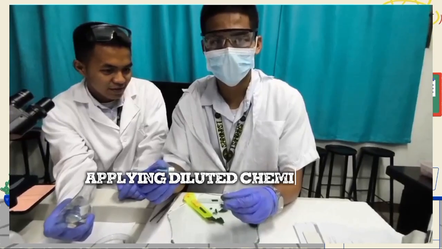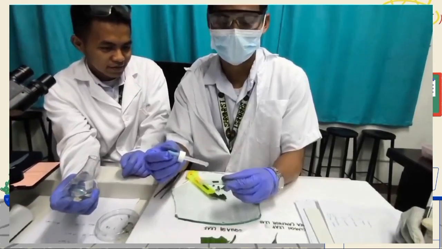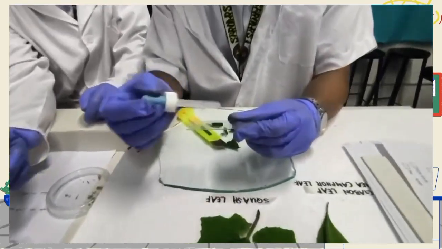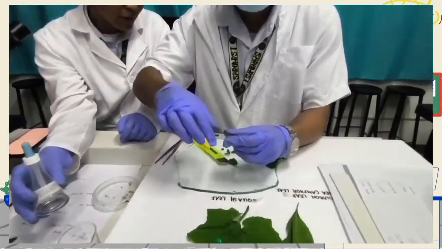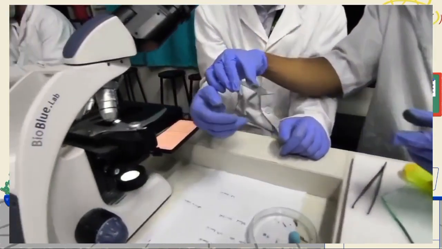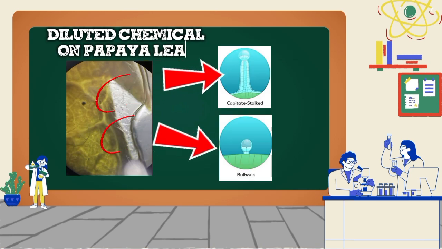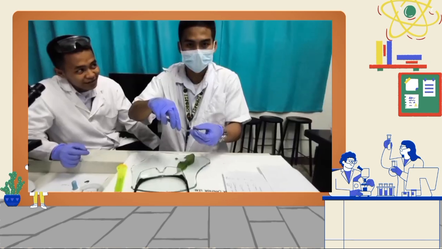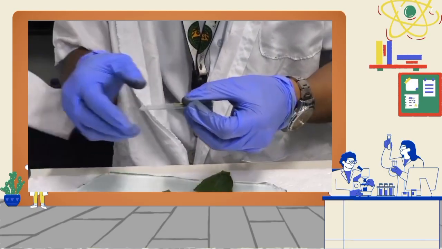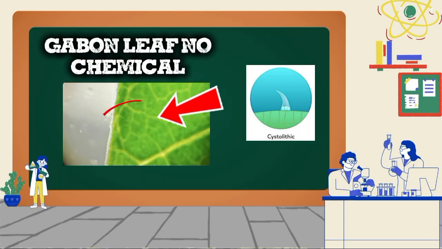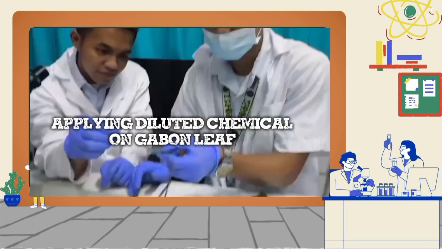Applying the diluted chemical on the papaya leaf. The Gabon leaf without chemical. Applying the diluted chemical on the Gabon leaf.